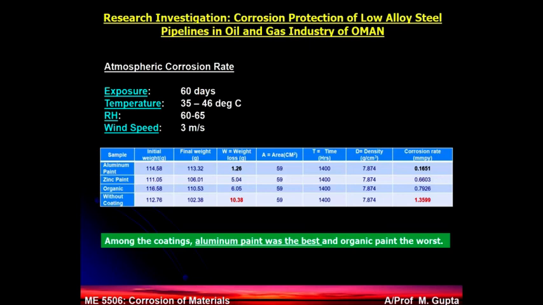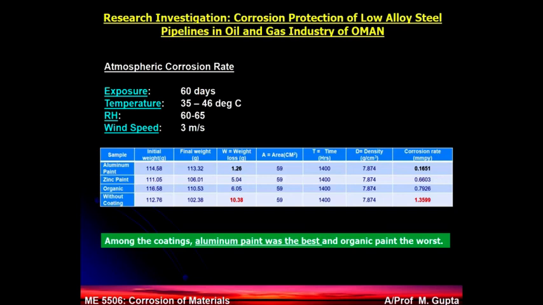Alright, so it's very good for you to understand that coatings are not just used on the material. This is only for your information and a wider understanding of how people establish which coating to use. So they do the atmospheric corrosion rate, exposing the material in open atmospheric conditions.